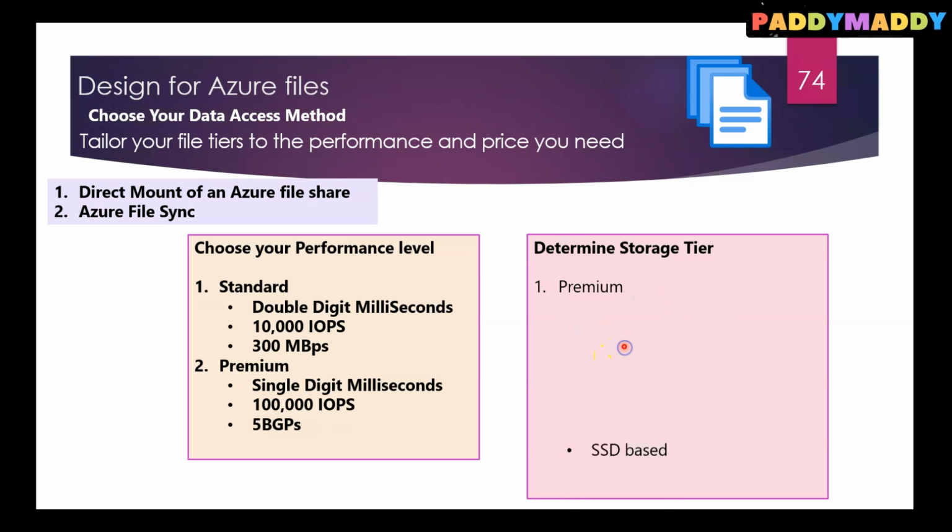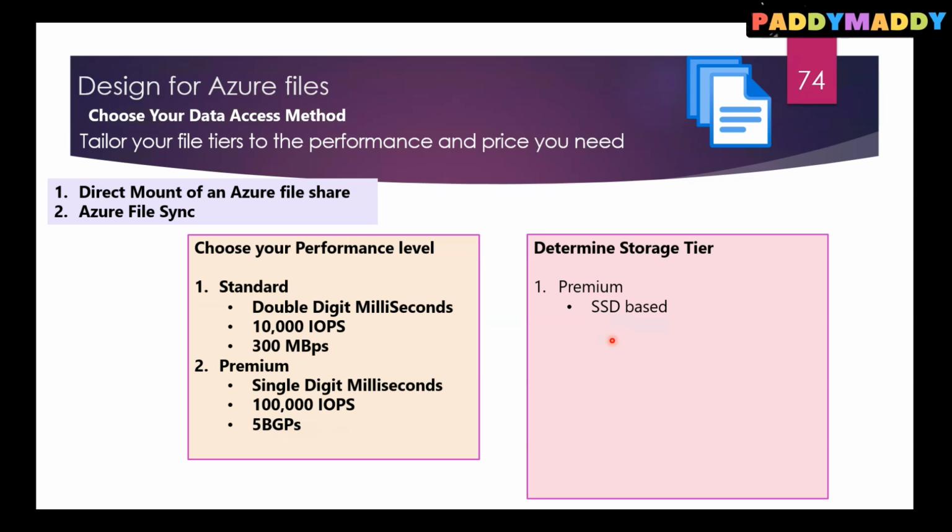First one would be the premium. Premium is nothing but your file shares backed by SSDs, and it provides consistent high-level performance and low latency, and it is used for the most IOPS-intensive workloads. It is very suitable for workloads such as database servers, website hosting, and development environments.